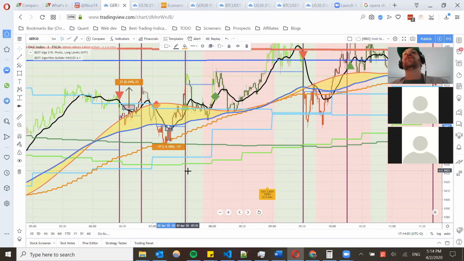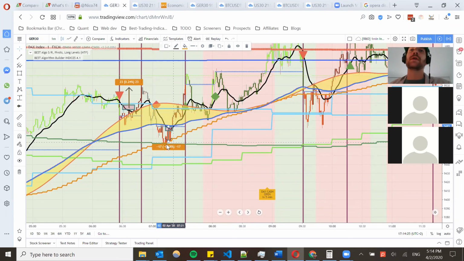So when taking profits, when I have a green background, I am way less active with my profit taking when I have a short with a green background, or when I have a long with a red background.